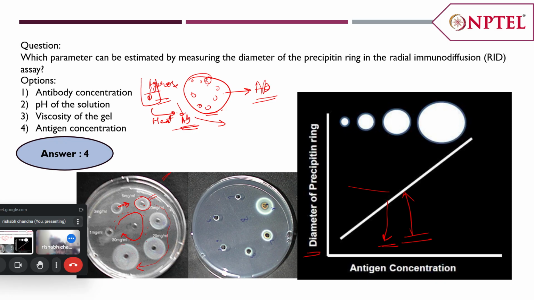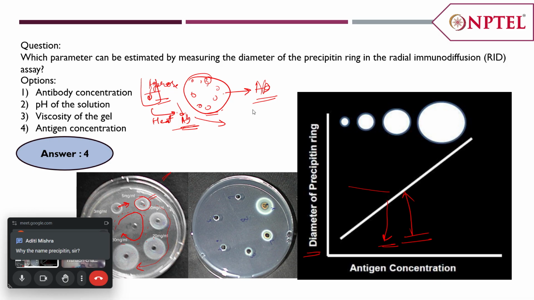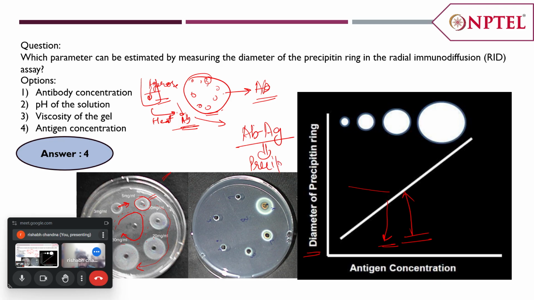So any doubts? Because this is a precipitation reaction, the molecule formed after the reaction of this antigen and antibody is called a precipitate.